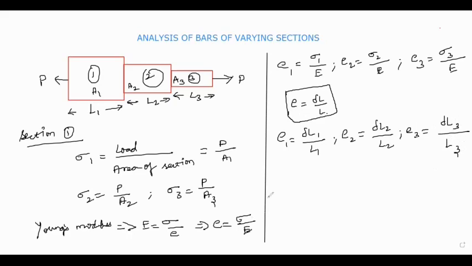Now compare these strain equations, one in terms of sigma 1 by E and the other del L1 by L1. If I compare these two, I get del L1 by L1 is equal to sigma 1 by E. That implies del L1 is equal to sigma 1 L1 divided by E. Stress we can get as load by area of that particular section.